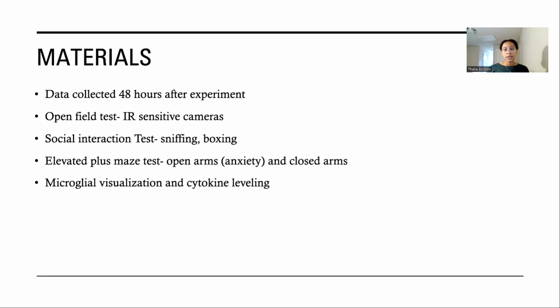They want to see where in the box the rat goes. Do they go towards the corners? Do they stay in the middle? Do they just go around in a circle? How they act behaviorally will tell us whether they show anxious behavior.